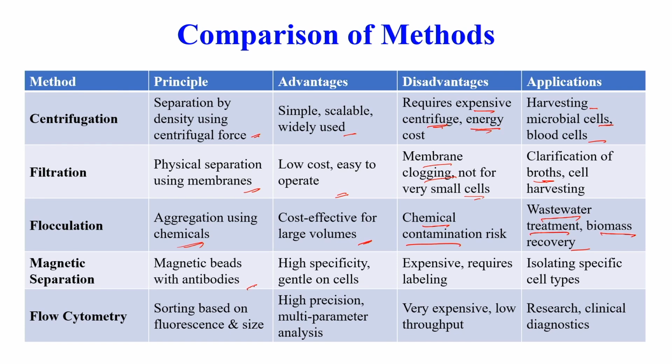Magnetic separation, with magnetic beads and antibodies, has very high specificity, but at the same time it is expensive and requires labeling. So, it is used for isolating specific types of cells. In flow cytometry, sorting is done based on fluorescence and size. It has high precision, but it is expensive and has low throughput. So, it is suitable only for research and clinical diagnostics.